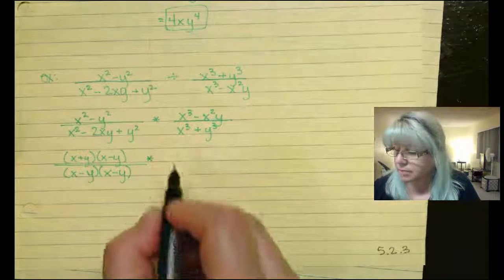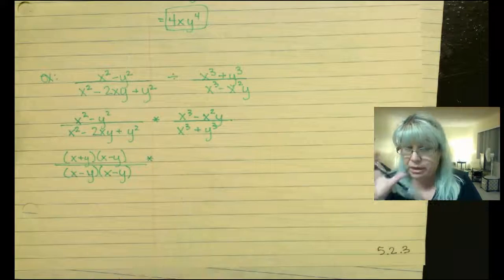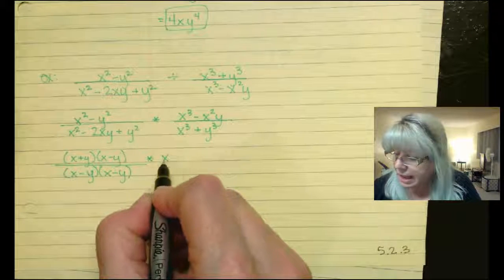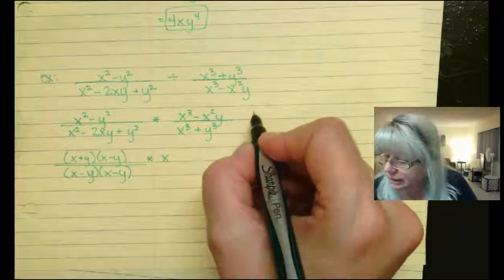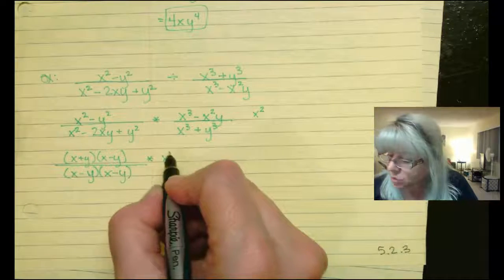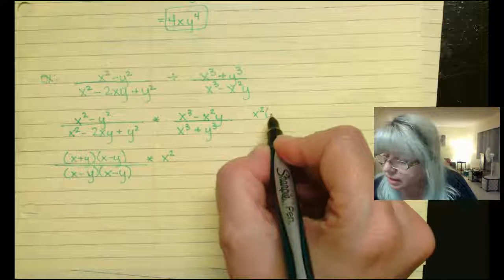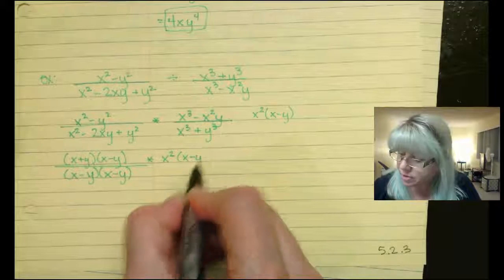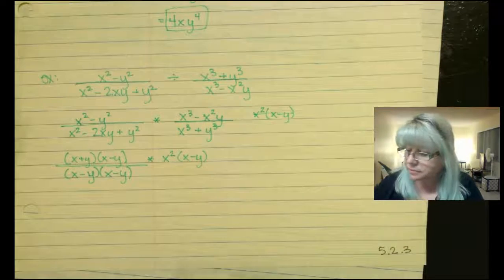Just keeping them separate for now. I'm going to squish them together in a second. I can actually pull out an x squared, leaving x minus y. It's just kind of my workspace right there.